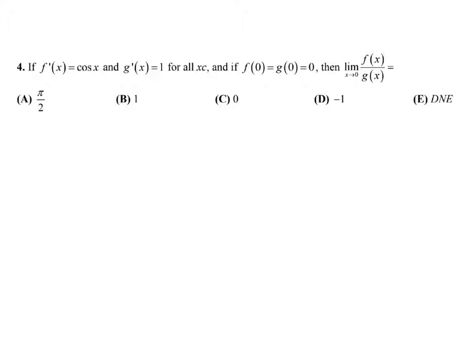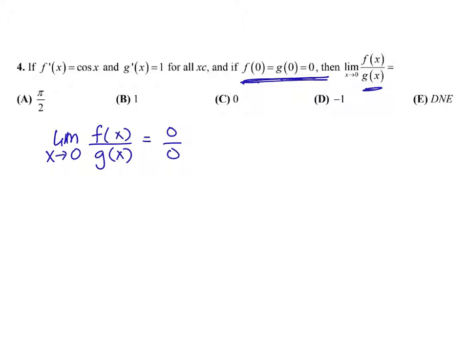Okay, for our next problem, it looks like it's trying to set us up for L'Hopital's rule again. Notice that we're told what the derivative of f and g are, and also that f at 0 equals g at 0, which equals 0. So that's telling me that this limit as x approaches 0 of f of x over g of x is going to indeed be 0 over 0.